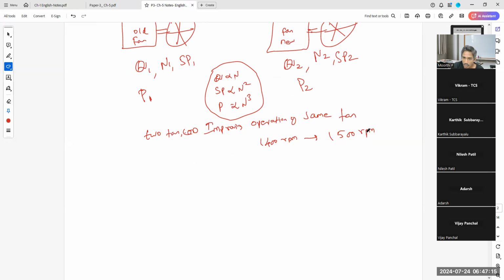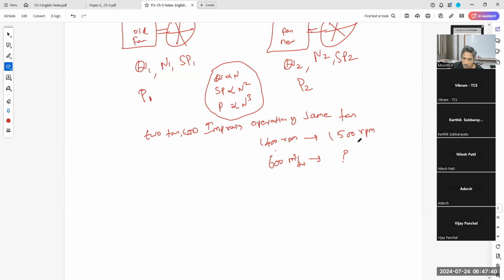Now one fan is running at 1400 RPM. Now the speed is increased to 1500 RPM. How much is the flow? Just imagine. Flow is 600. What will happen for this one? Can you calculate easily? Flow is 600 meter cube per hour.